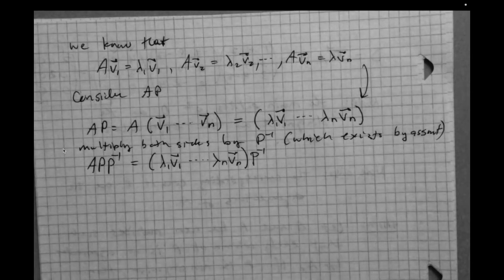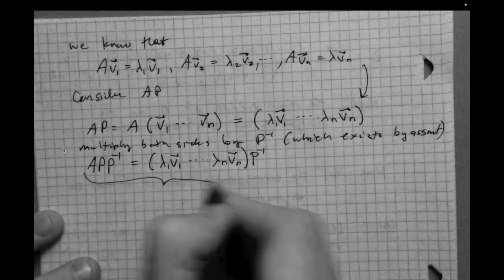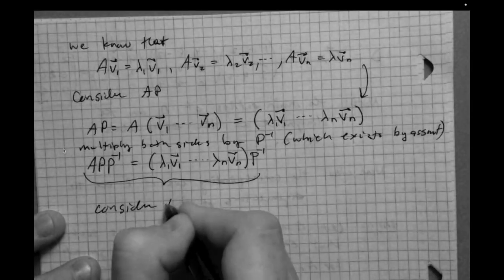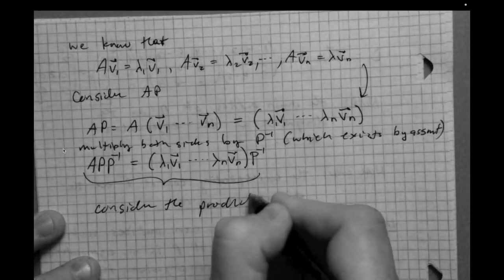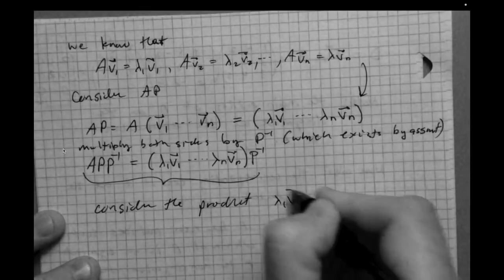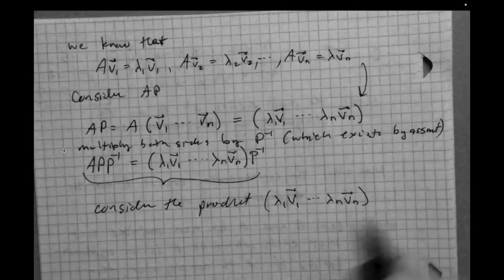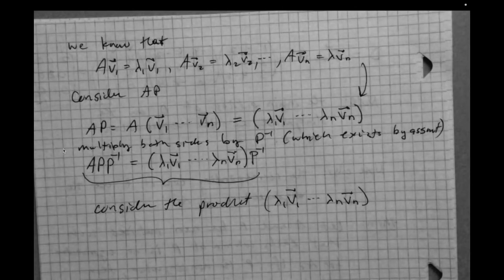And let's consider the product lambda 1 V1 ... lambda n Vn. This is a matrix where every column is multiplied by a lambda.